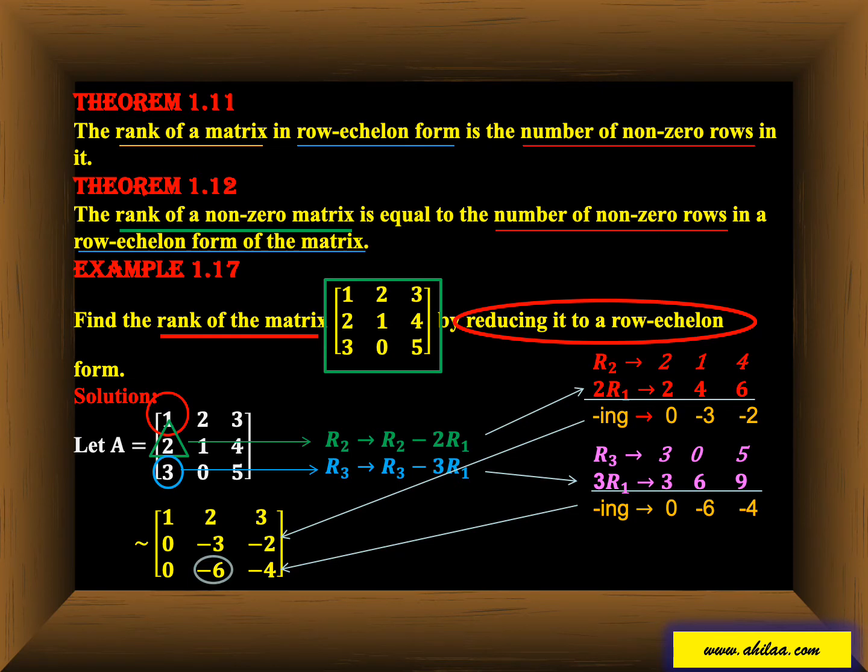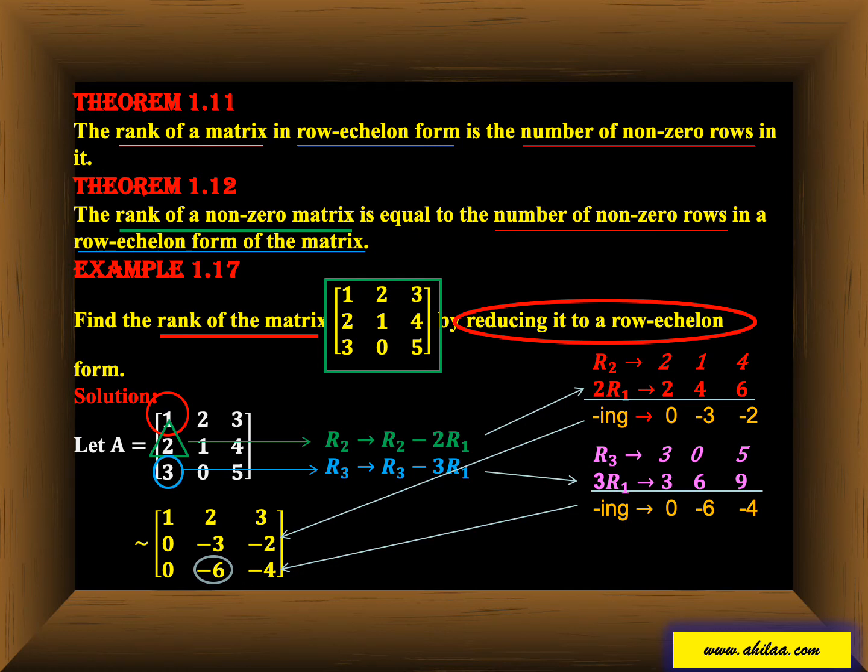Now see A32. It is minus 6. Next my target is to make it 0. For this I take row 2 as pivot row. A22 is minus 3 here.